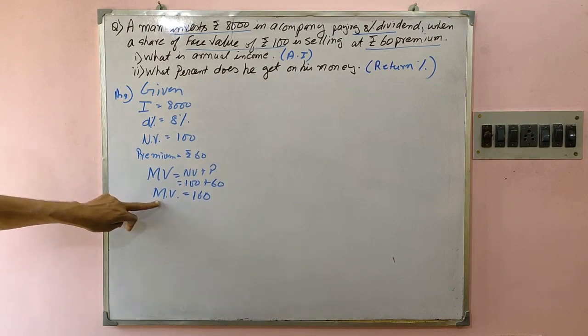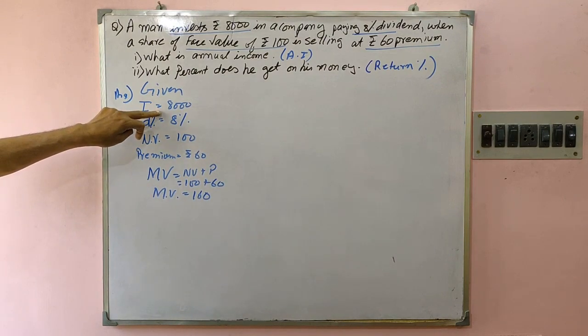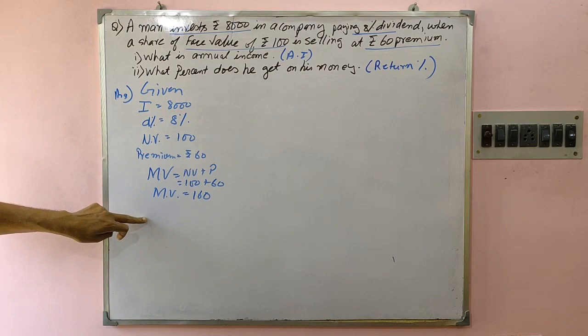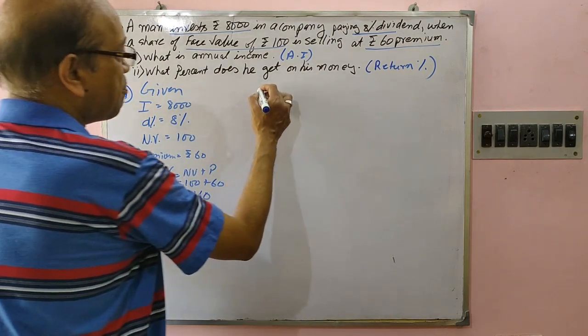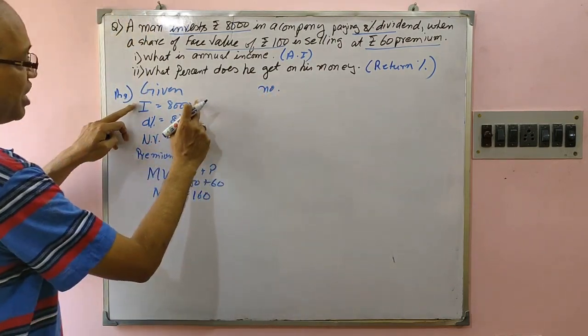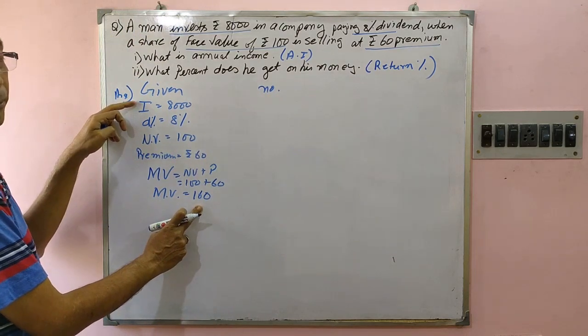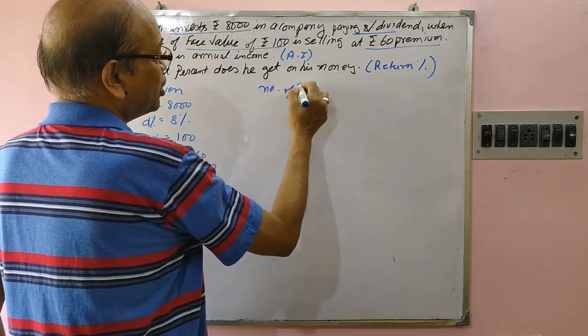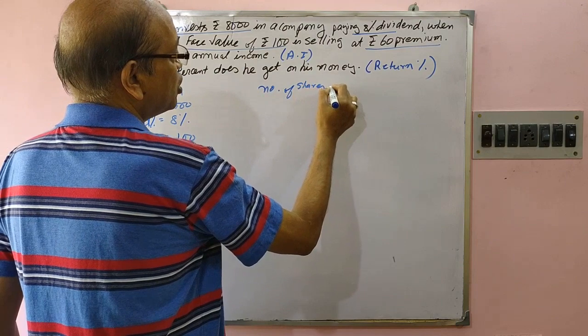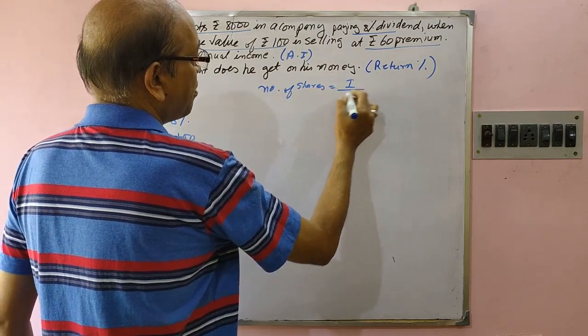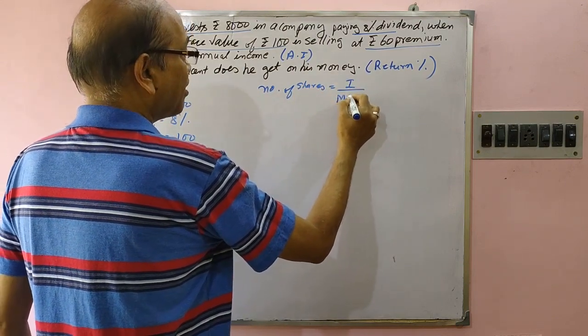Now, when we know the market value, when we know the investment, we can find the number of shares. Number of shares is equal to investment by market value.